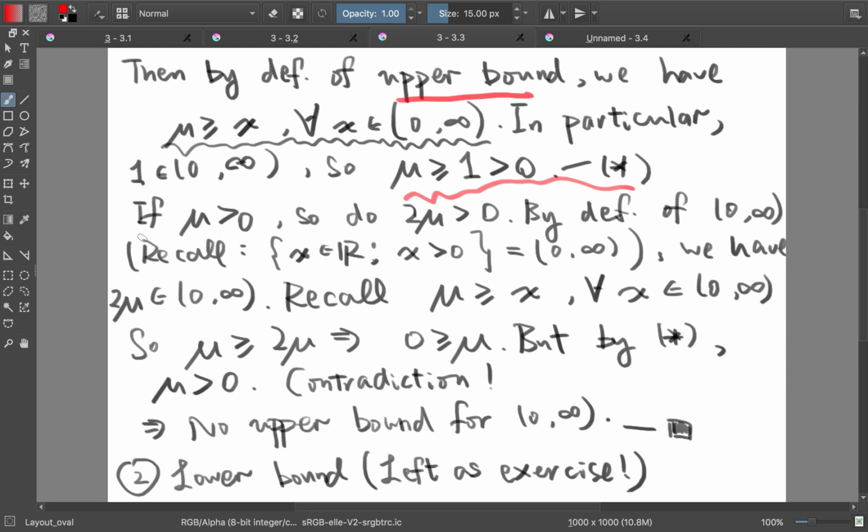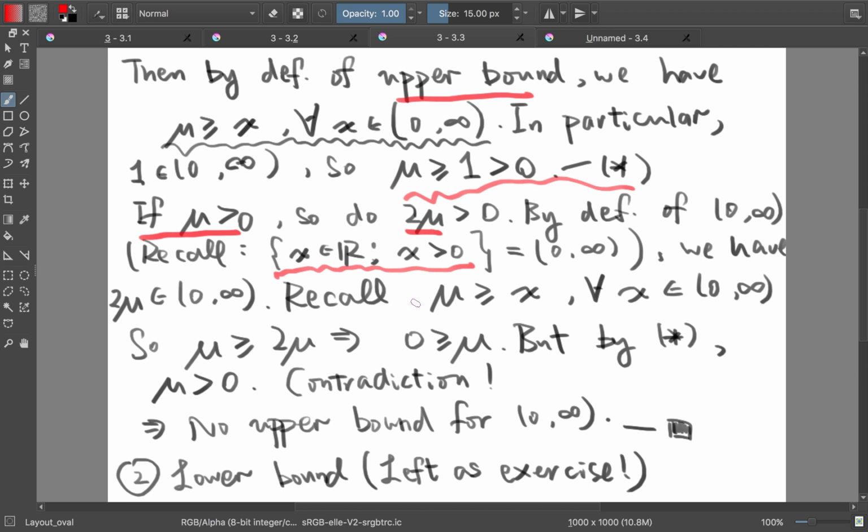And if mu is greater than 0, then after we multiply mu by 2, this number is still greater than 0. So by the definition of [0, infinity), and recall this is the definition of this interval, we have 2 mu lies inside [0, infinity).